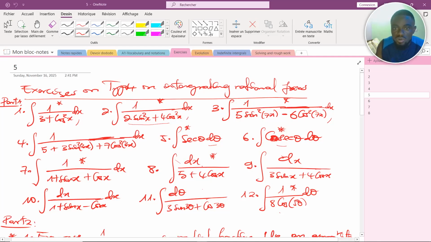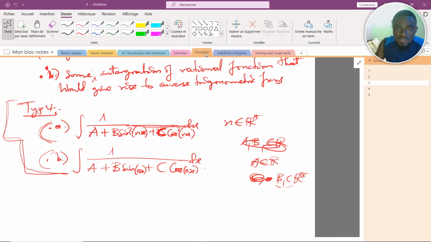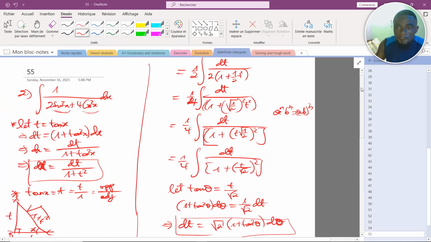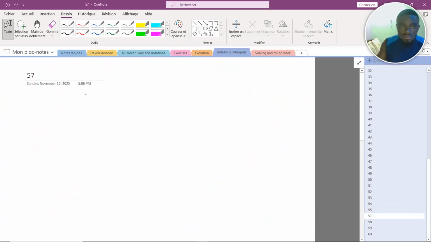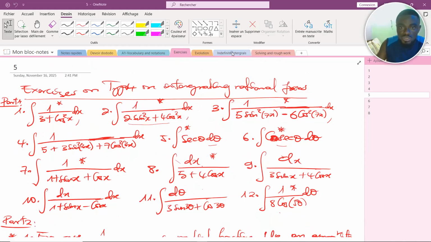We have the integral of 1 over 5 sine square 7x minus 6 cos square 7x. Is that okay? Let me go to the next page. That's question 3.